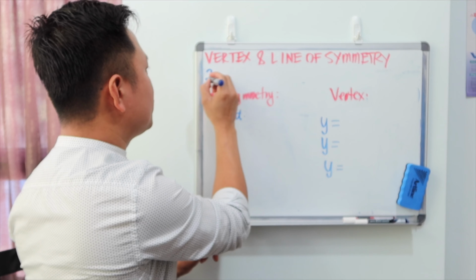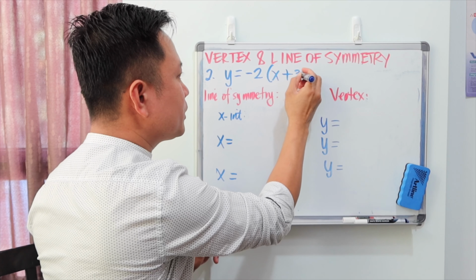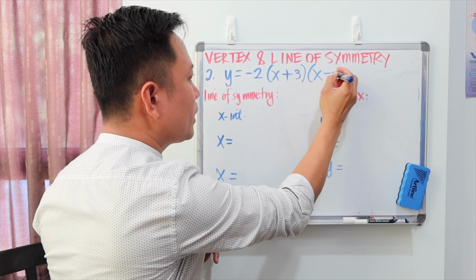Now let's try example number 2. Y is equal to -2(x + 3)(x - 1).